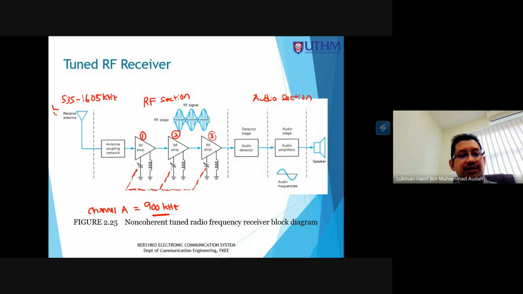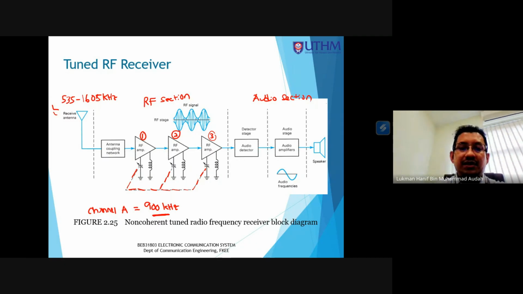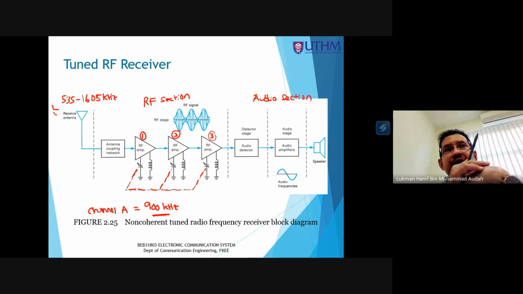This is what we call gang tuning for all the amplifiers. We need to amplify the input signal because the received signal has undergone a lot of attenuation, so the amplitude of the received signal is very low.